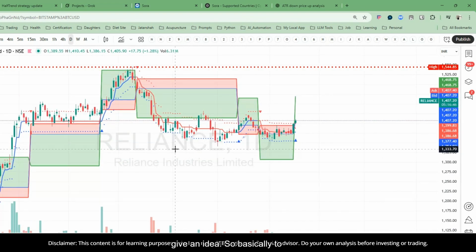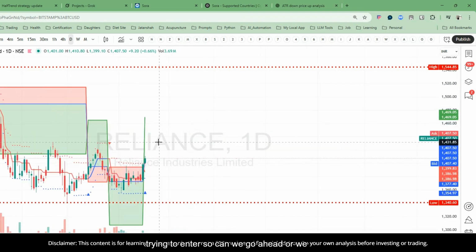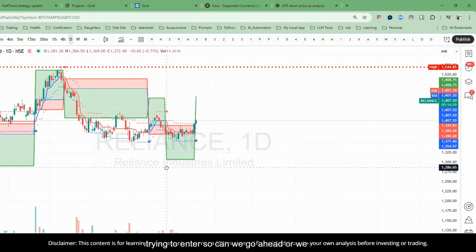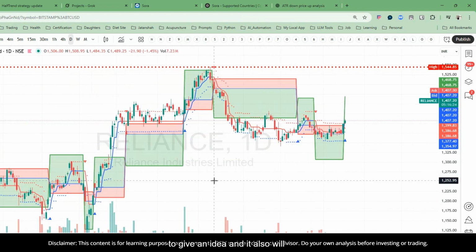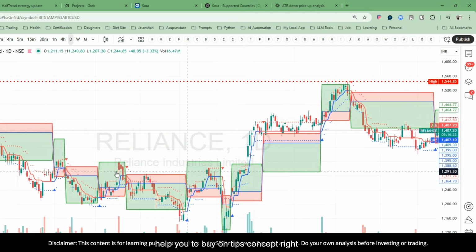So basically, to simplify that decision, for a daily time frame, I'm checking what the trend is, and when we can try to enter, so can we go ahead, or do we need to pass. That is what it is going to give an idea about. And it also will help you to buy on dips, right?